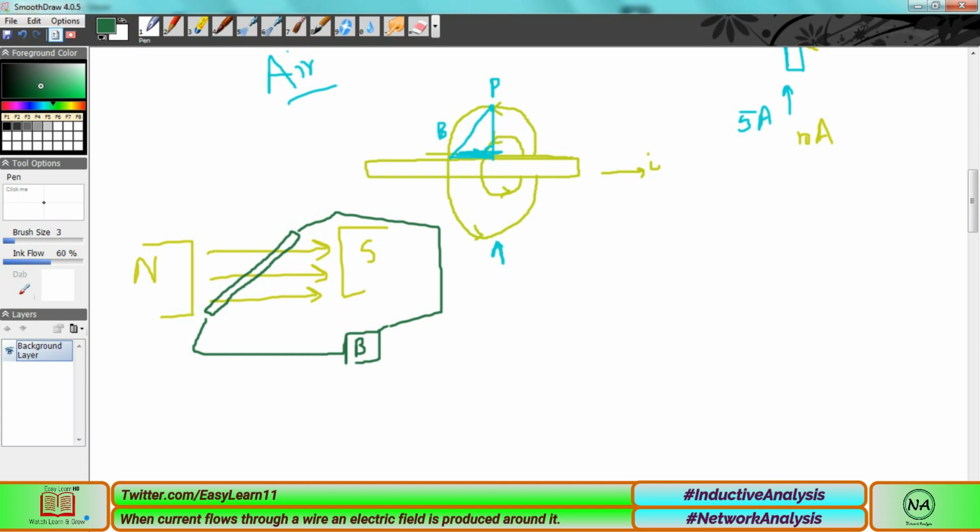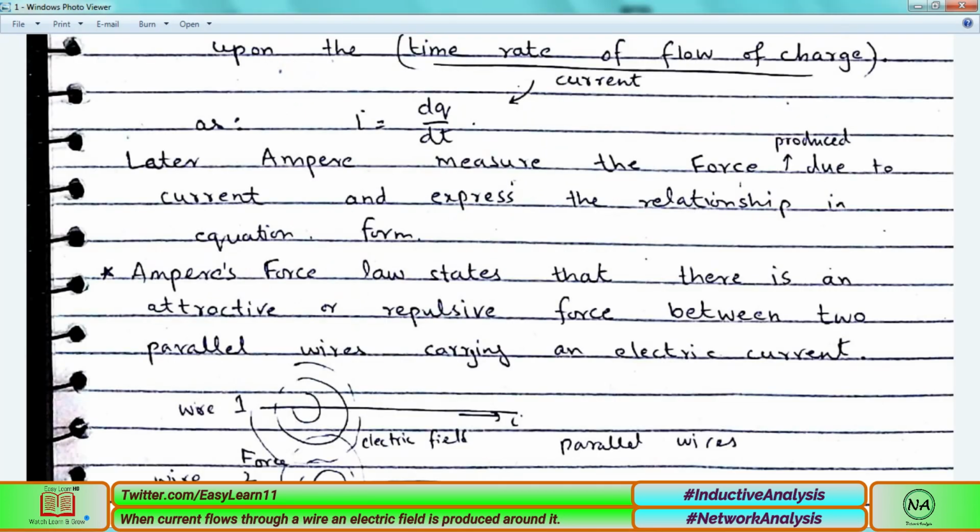Then if the magnetic field lines are acting normal to the current carrying conductor, the magnetic force can be experienced either in this direction or in this direction, which makes an angle of 90 degrees with the magnetic field. So the angle is maximum at 90 degrees. This is the force that can be observed, and this was the later relationship developed.